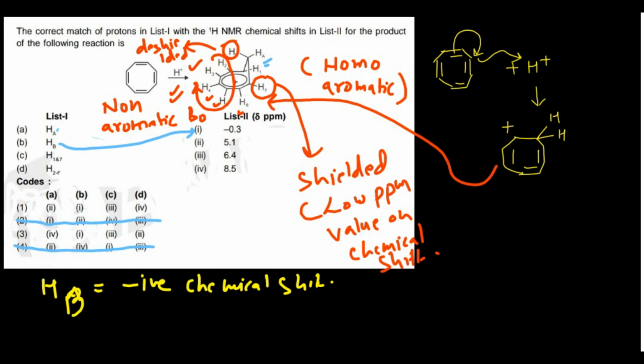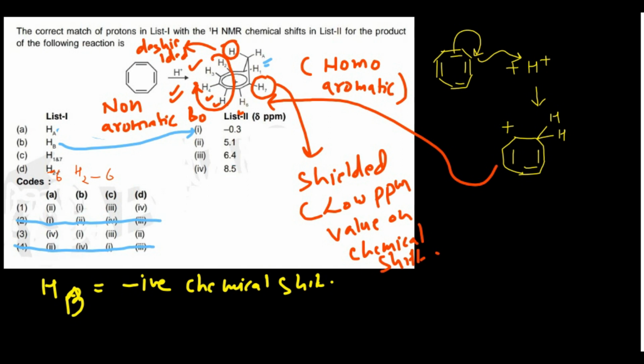So here you can see H2 to H6, basically it is 6 actually. I can write 6 here. H2 to H6, this was the option. So H2, H6, all these are the de-shielded ones, and they will have the downfield chemical shift. You know the downfield chemical shift is 8.5.